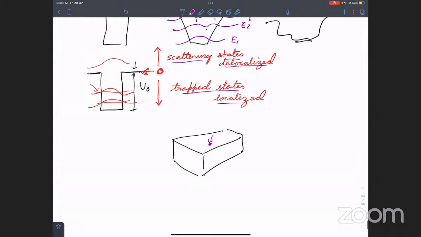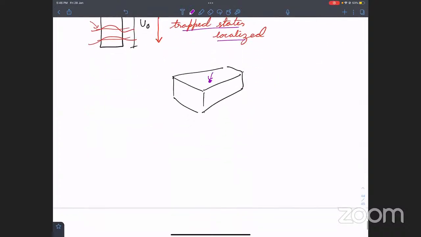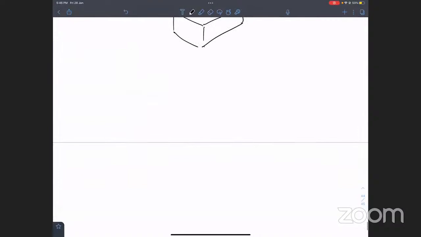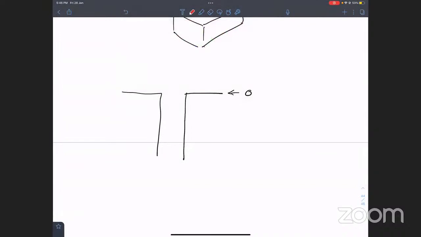Right. So if I have an infinite potential well, the idea of scattering states doesn't come in. All states pretty much are trapped only, right? Well, not entirely. I could have a situation like this, a very deep well. This is our reference. Now imagine we solve the Schrodinger equation and derive eigenstates.